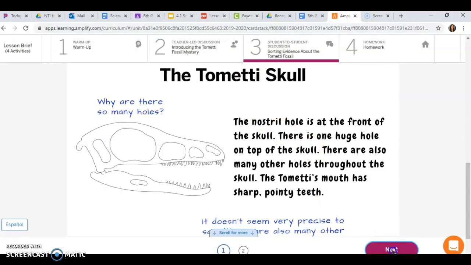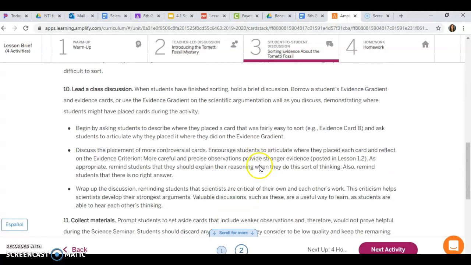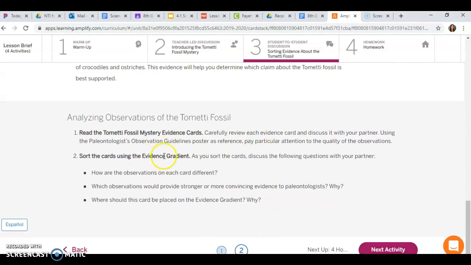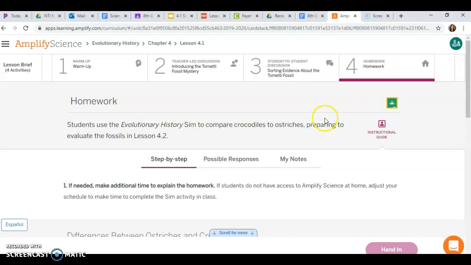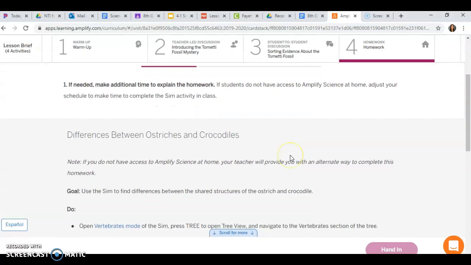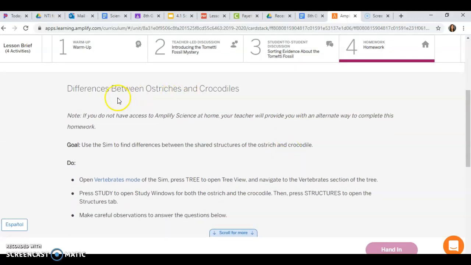So clicking next. There is a little bit more information about analyzing the observations, but I just talked about that, so you don't need to worry necessarily about that. And like I already said, make sure you're clicking hand in on all of these. And then the last thing is discovering the differences between ostriches and crocodiles.